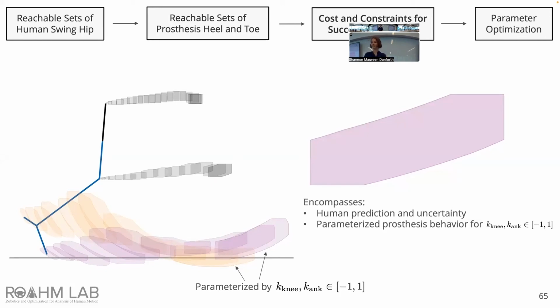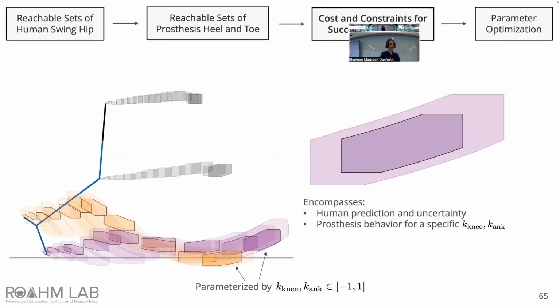But if we pick a specific k value for the knee and ankle, thereby selecting a trajectory for the knee and ankle, we get a subset of these reachable sets shown in the darker shapes. And this corresponds to specific prosthesis reference trajectories, but still encompasses that human uncertainty in trip reaction. And we call this process slicing.